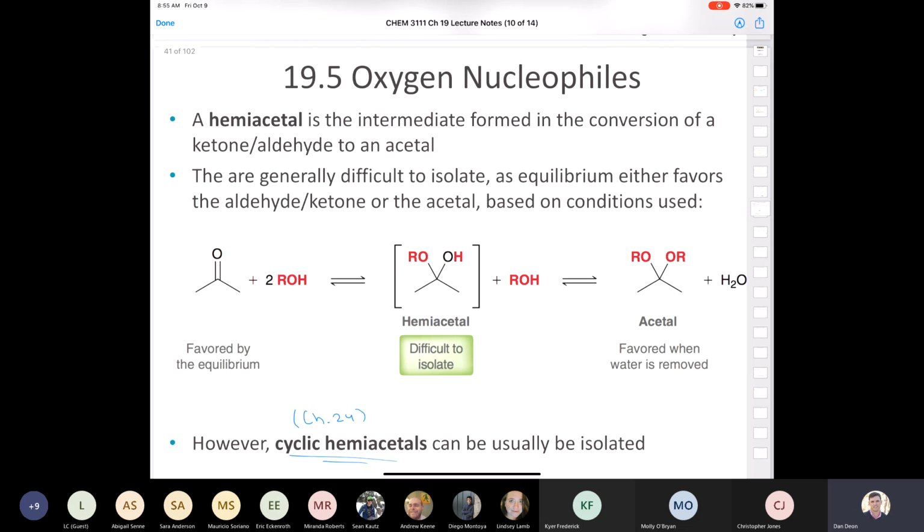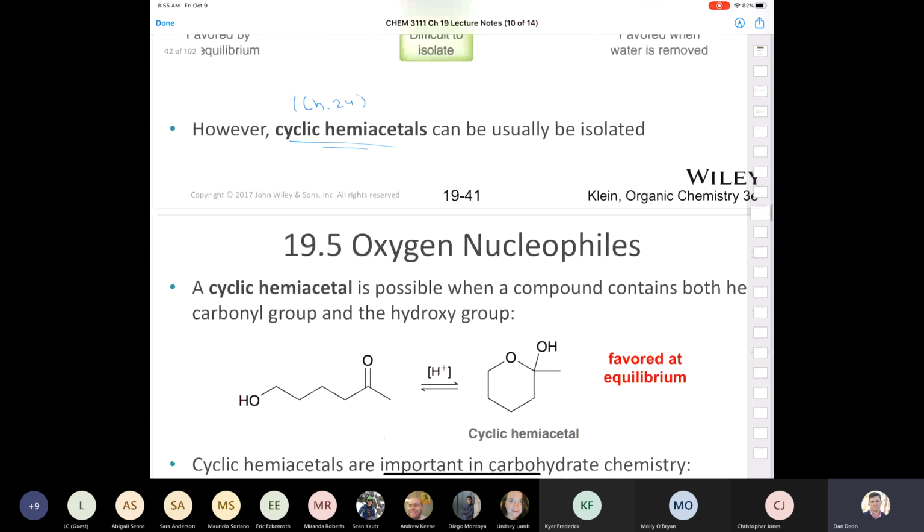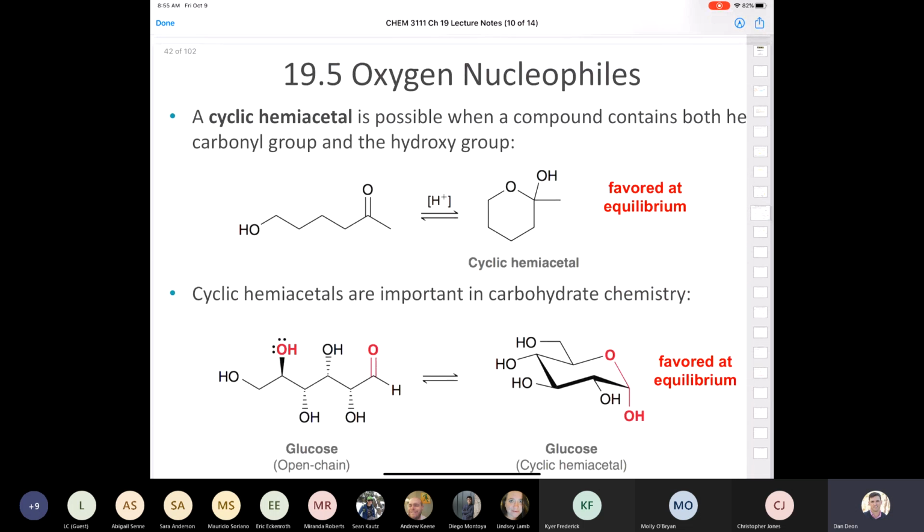What do you mean by a cyclic hemiacetal, Mr. Dion? Let me show you. If you have that oxygen nucleophile from the hydroxyl and a carbonyl in the same molecule, you can see how after protonation, if you form your oxonium, this can act as a nucleophile like that, right?